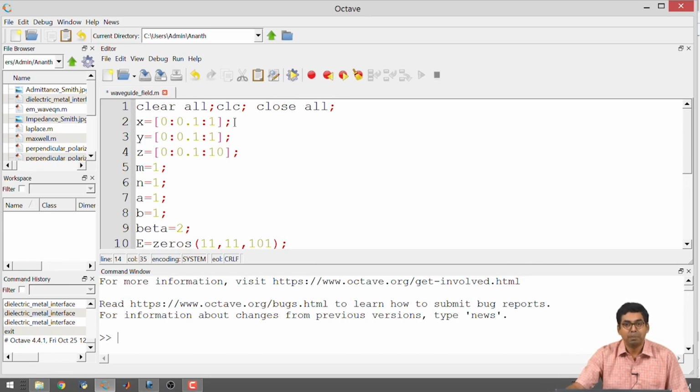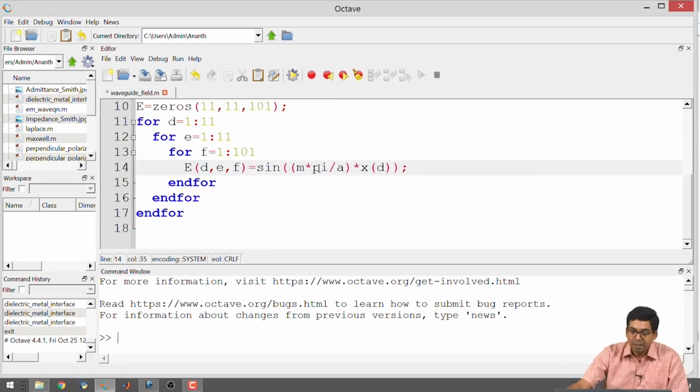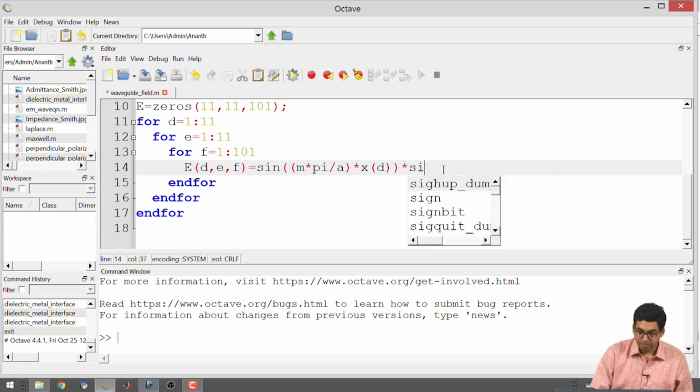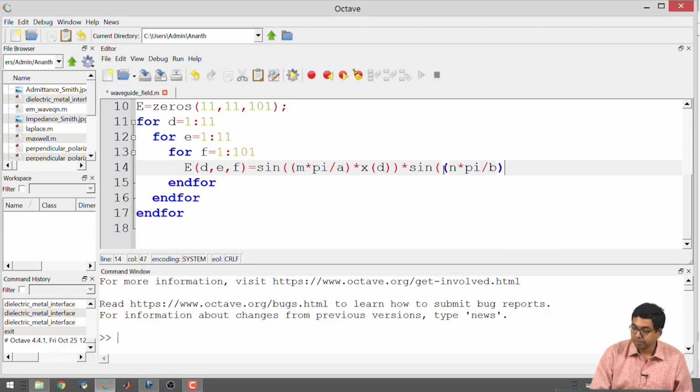Now it is a vector, so I have to use a particular point. d will tell me which point in x I am going to be evaluating this at, alright. So, I am having x of d, and then this was multiplied with sine of n pi by b multiplied with y of e, multiplied with e to the minus j beta z.